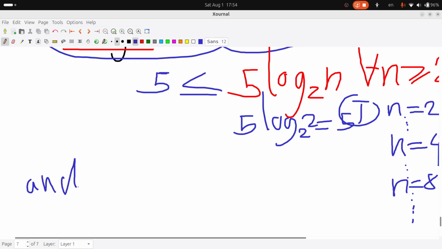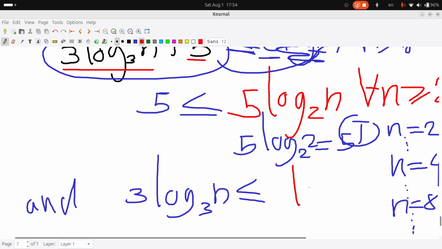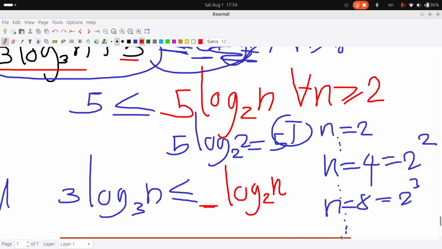And what about the next one, 3 log n base 3? How can we prove this? I have to find the right side in the form of log n base 2 with some constant, to make it easier for the starting point.